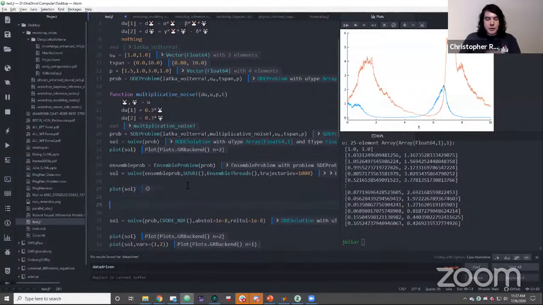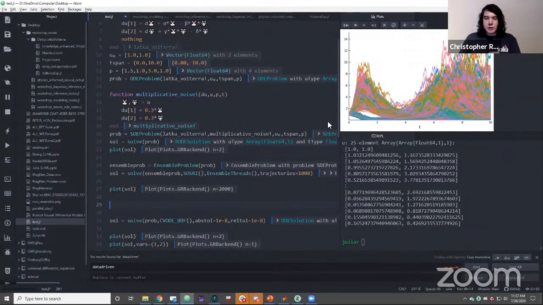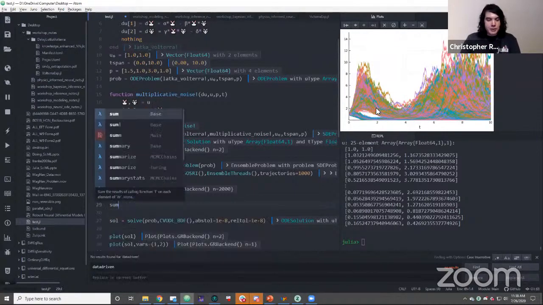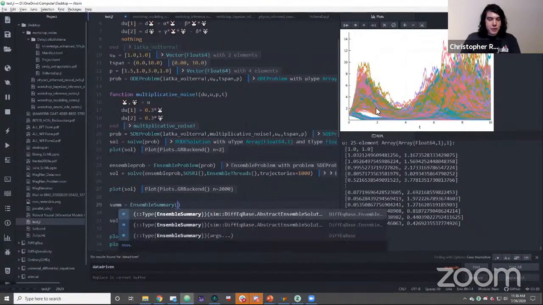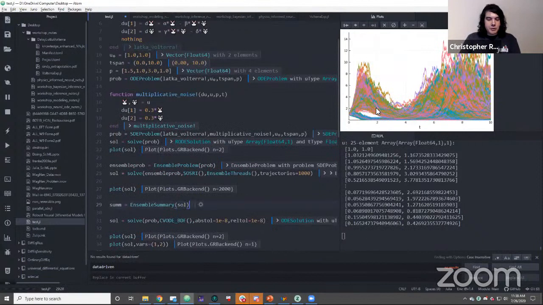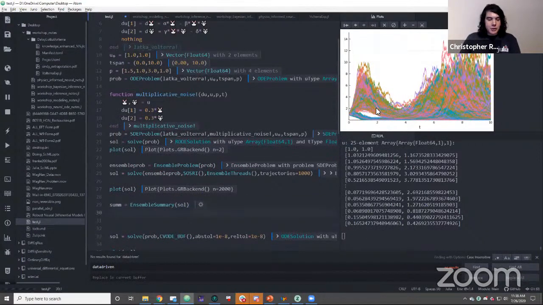And one way to make use of this and plot something that's nicer than this only a little bit messy formulation is to look at the quantiles, right? So we can say, I want my summary to be this ensemble summary of my ensemble solution, and it'll generate this summary, which we can then plot.